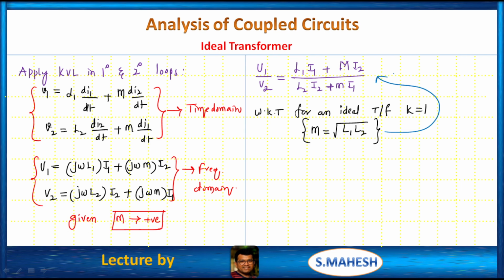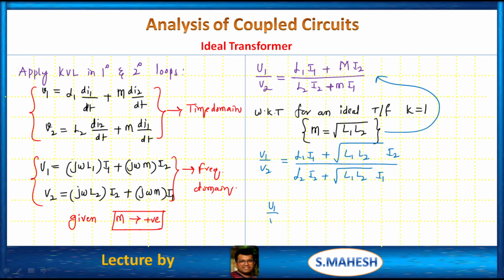Substitute this M into this equation. Therefore V1 by V2 is equal to L1 I1 plus square root of L1 L2 into I2 by L2 I2 plus square root of L1 L2 into I1.